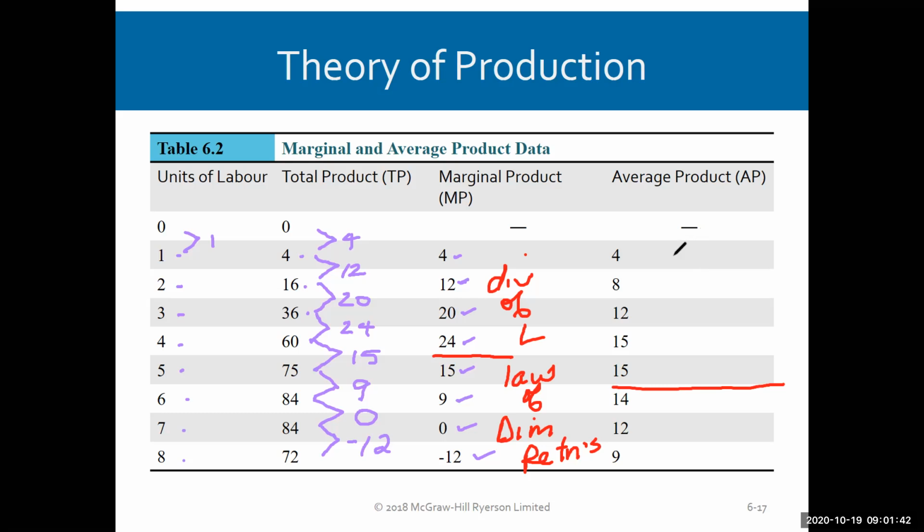But we see that division of labor has increased average product, and then the law of diminishing returns kicks in and that decreases average product. So it's the same economic concept, division of labor, and then law of diminishing returns that causes both marginal product and average product to rise to a peak and then to fall off from there. That peak is called the point of diminishing returns.